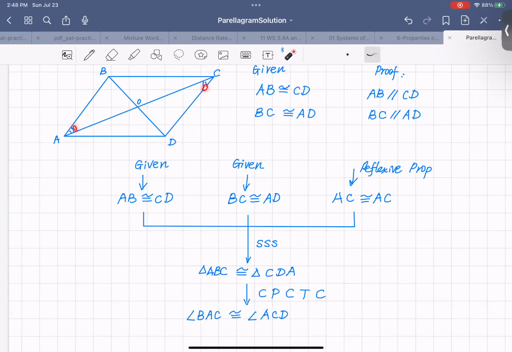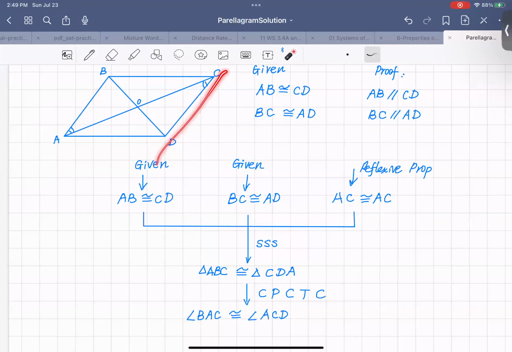When you have these two angles equal, look at this. Stephen, when I have these two angles equal, do I have these two lines parallel? These two angles are called what kind of angle? Alternate interior angles.